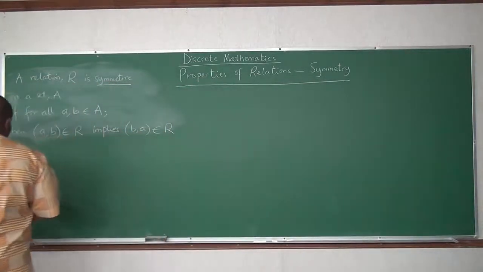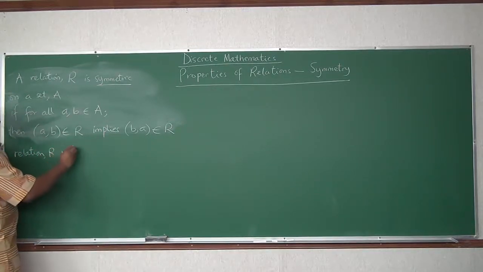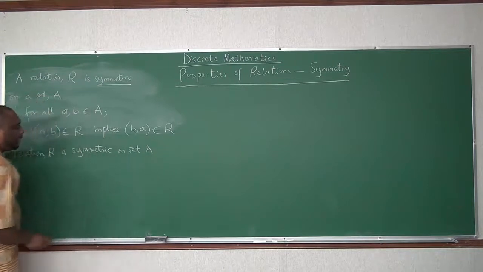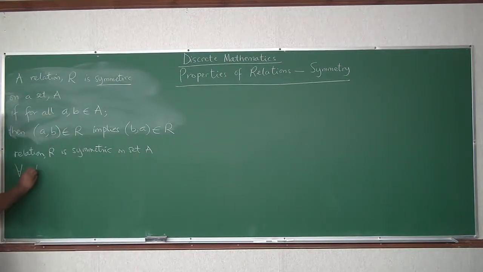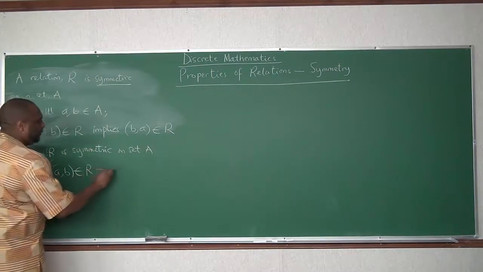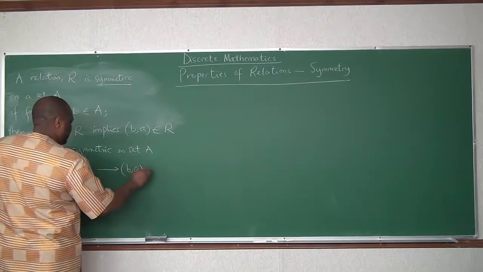We say that relation R is symmetric on set A if for all a, for all b, (a, b) is an element of the relation implies, a conditional statement, if (a, b) is an element of the relation, then (b, a) is also an element of the relation.